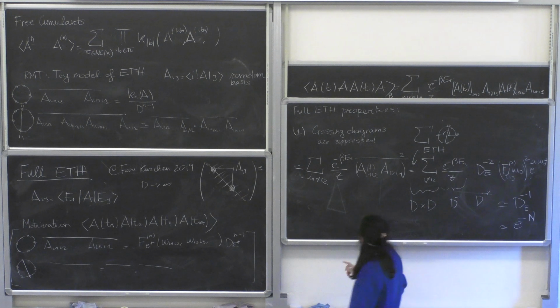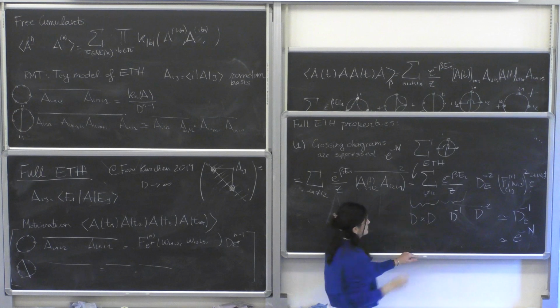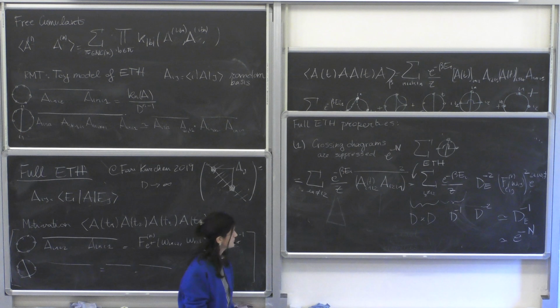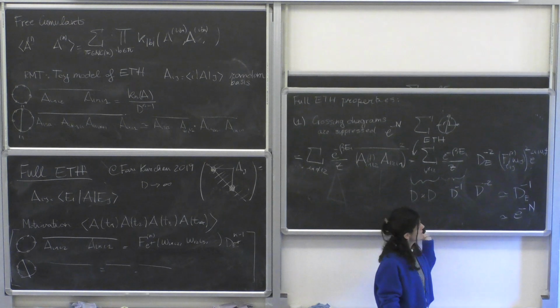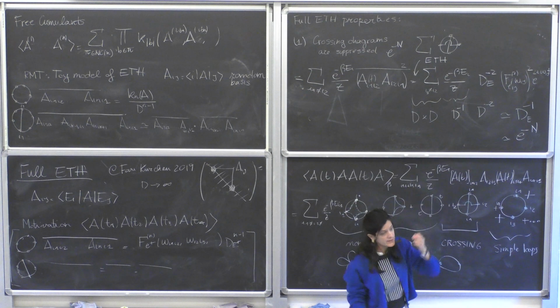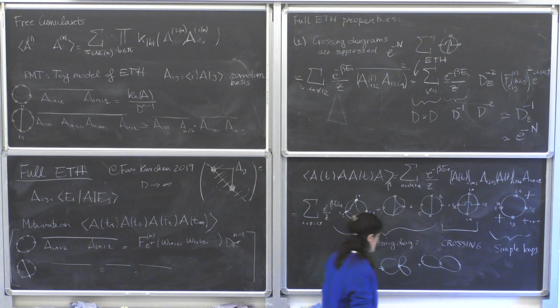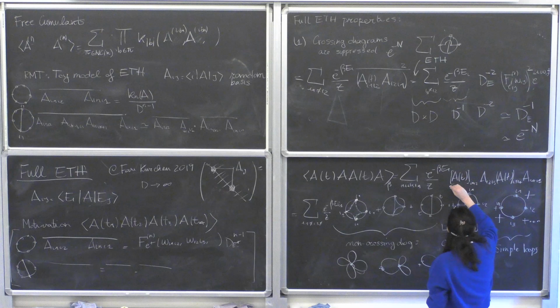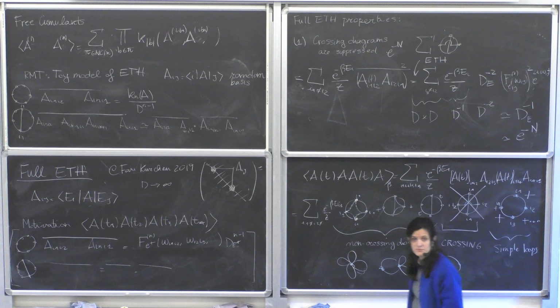So the crossing diagrams are exponentially suppressed due to ETH. And this already tells you something nice, that out of all these diagrams, we only have to consider the non-crossing ones.